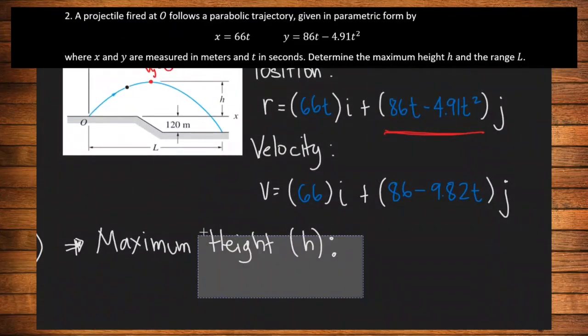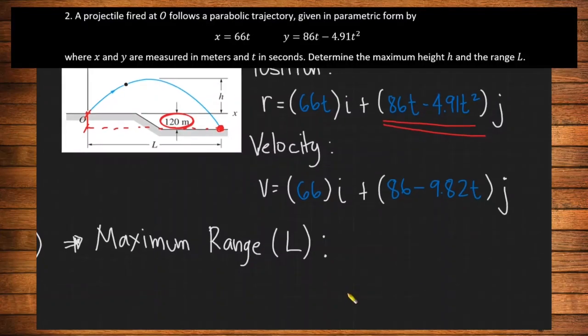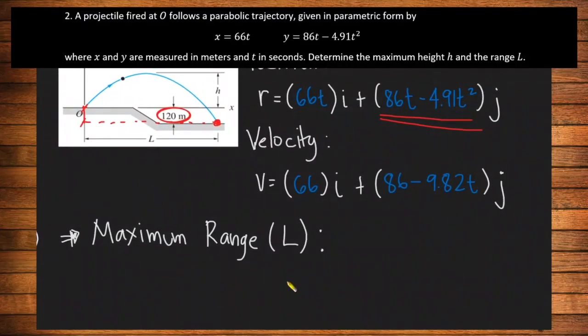Okay, so next, hanapin naman natin yung maximum range L. So as shown in the figure, when the projectile reaches the maximum range of its flight, so that is L distance from the origin, so mapapansin nyo, yung projectile natin, it will be 120 meters below the origin. So if we substitute this value into the y component of our position vector, makukuha natin yung time that it will take for our projectile to reach its maximum range.